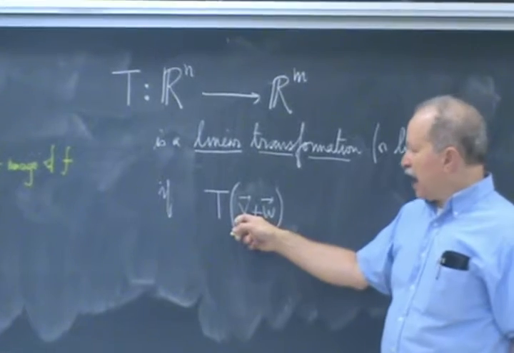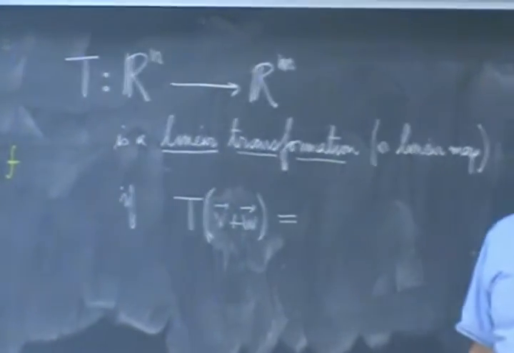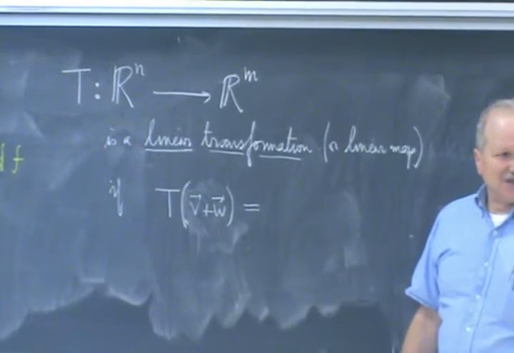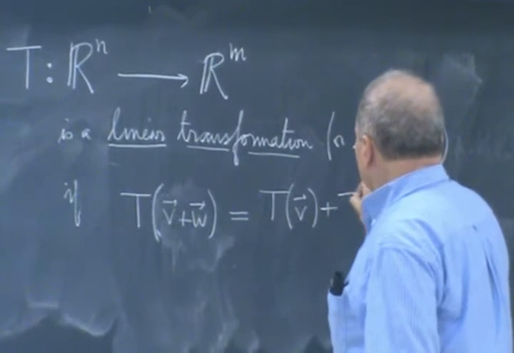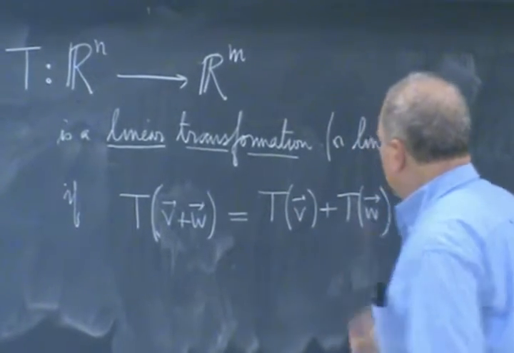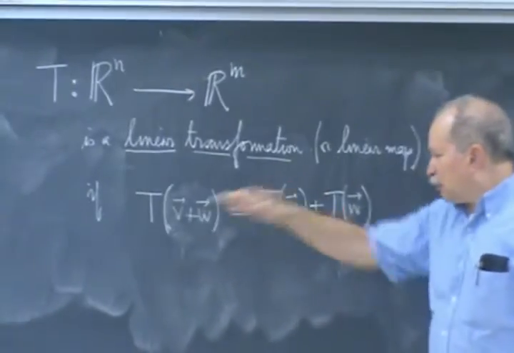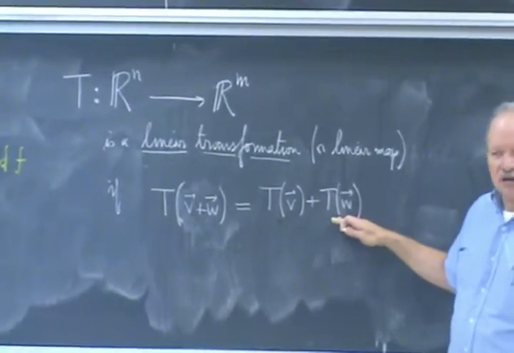What might you guess would be a good formula to have? T of V plus T of W. That's compatible with addition: you can add the vectors first, apply T, and it's the same as first applying T and then adding the vectors.